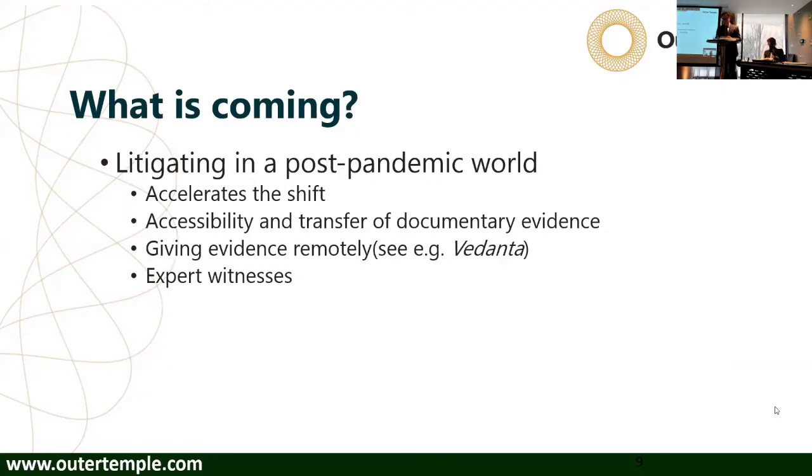So, what next? This is really a comment on the shift in emphasis in how forum non conveniens is likely to be applied in the future. When Spiliada was decided, it's not quite true to say the internet hadn't been invented, because I think strictly it was invented in 1983, but nobody really knew anything about it.